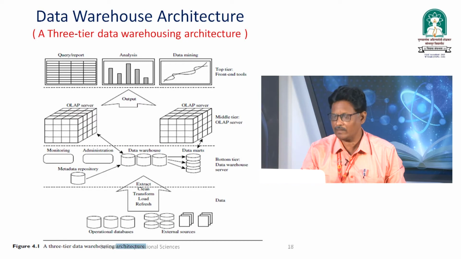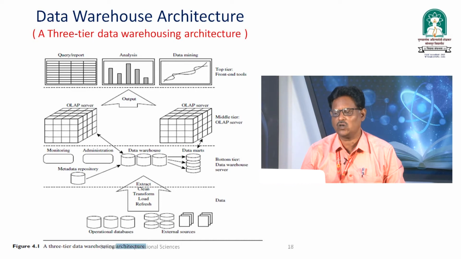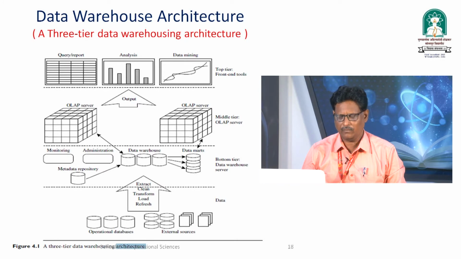The backend tools and utilities are used to feed the data into the bottom tier from operational databases or other external sources. If you want to construct the data warehouse, they play a very important role in constructing a proper data warehouse.